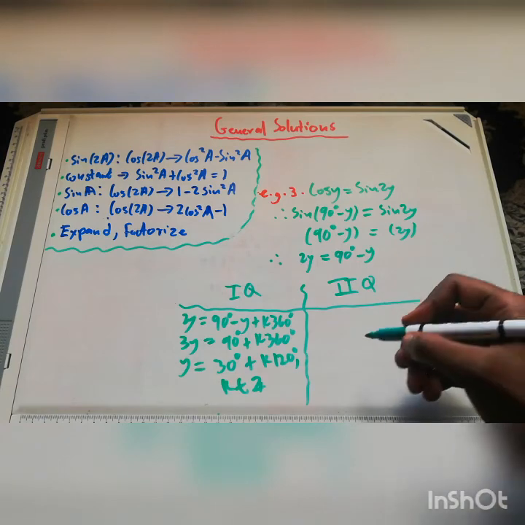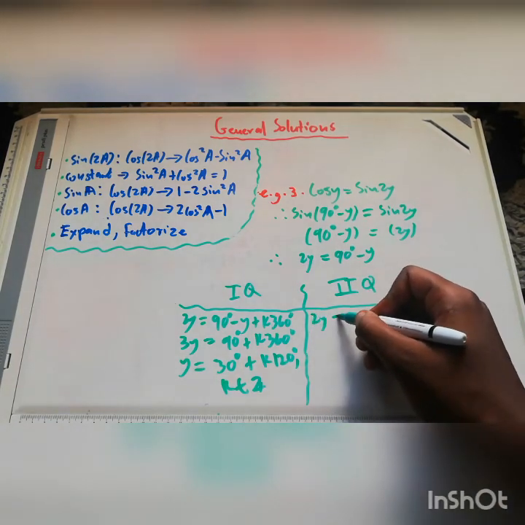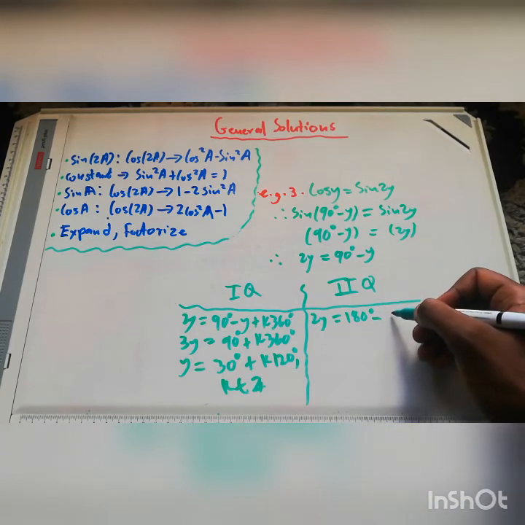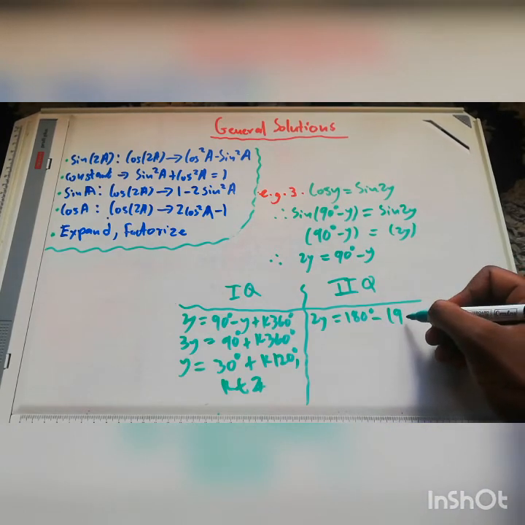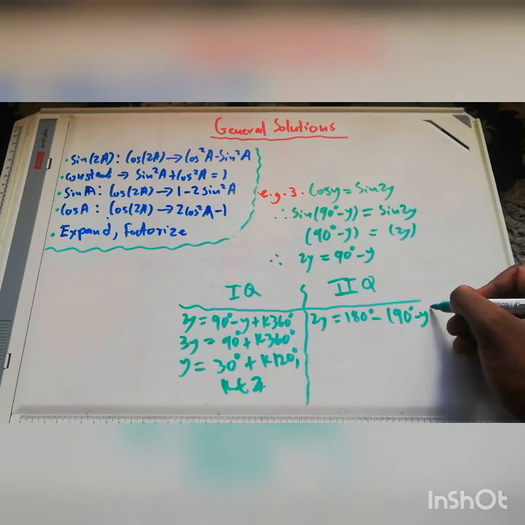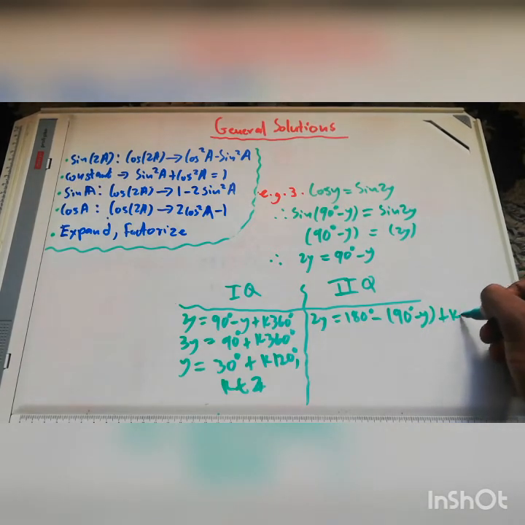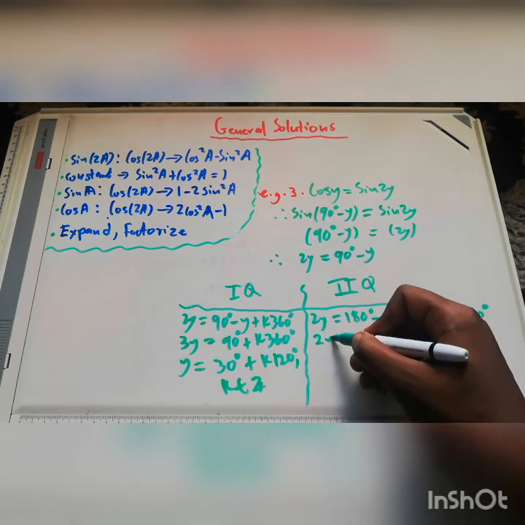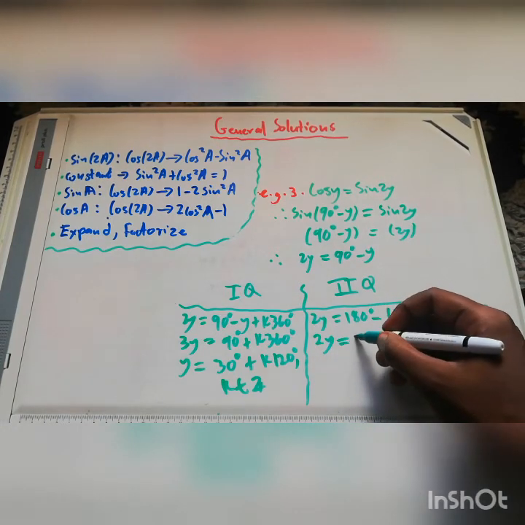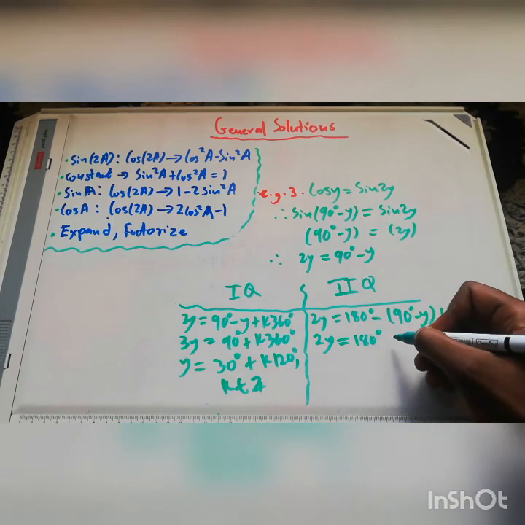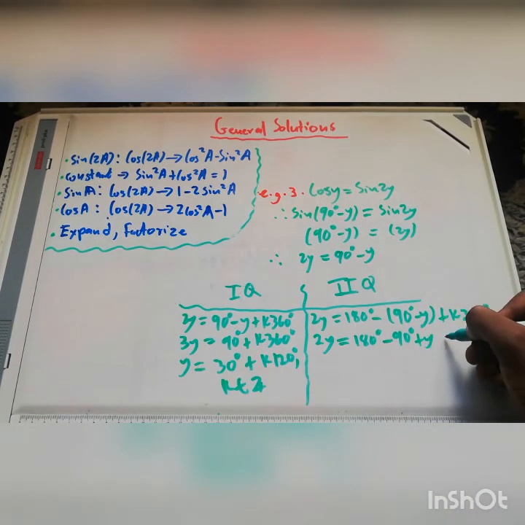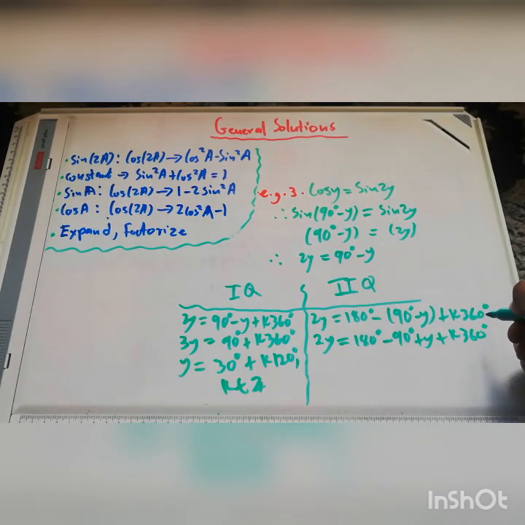And then for the second quadrant, it's going to be 2y is equals to 180 minus my reference angle of 90 degrees minus y plus k 360 degrees. So if I were to simplify this thing, I'll get 2y is equals to 180 degrees minus 90 degrees plus y plus k 360 degrees.